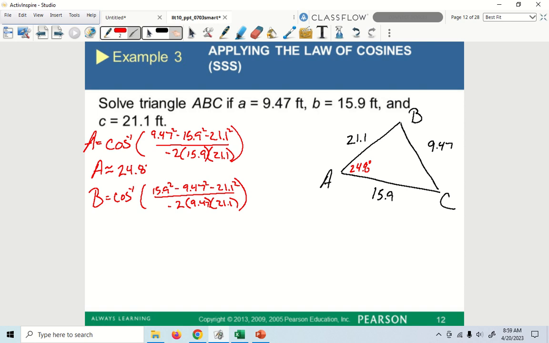I got 45.9. Is it 0.1 or 0.9? I got 45.94, but I think you could do 0.1, right? That would round off to 45.9.